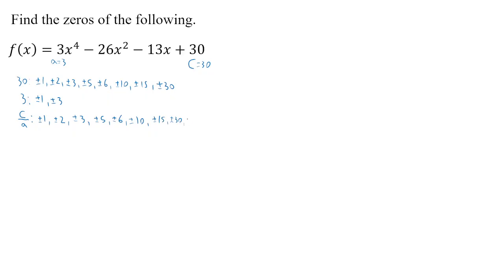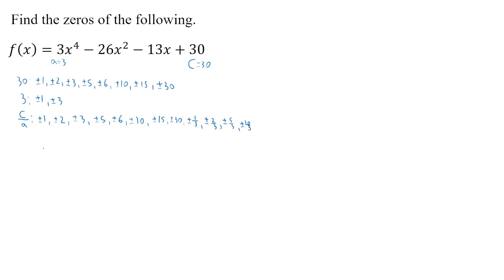Next, we're going to go 1 over 3, 2 over 3, 3 over 3 is 1, and we got that already. 5 over 3, 6 over 3, which is 2, 10 over 3, and 30 over 3, which is 10. So these are all our possible rational zeros.